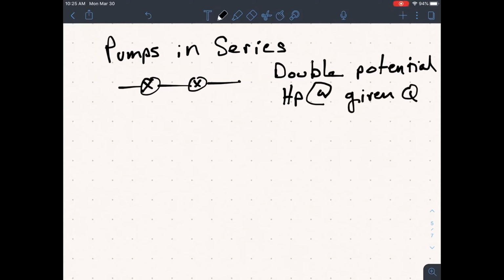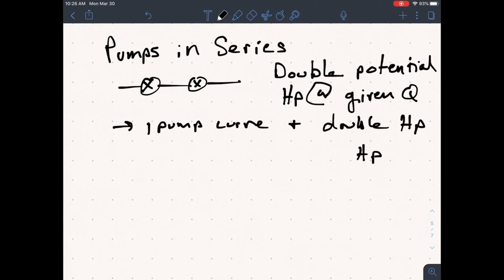And to create this curve, you take one pump curve and double the head. So we just add or multiply the head of that pump for a given discharge.